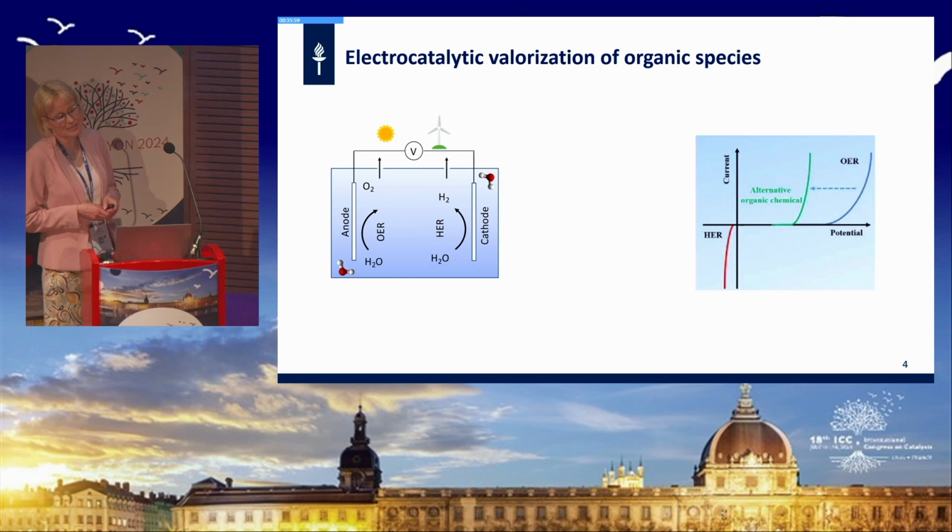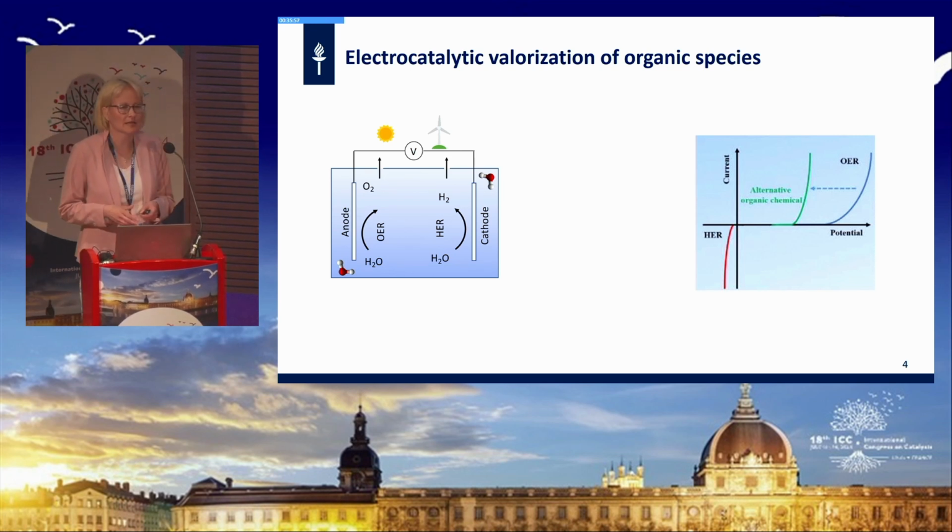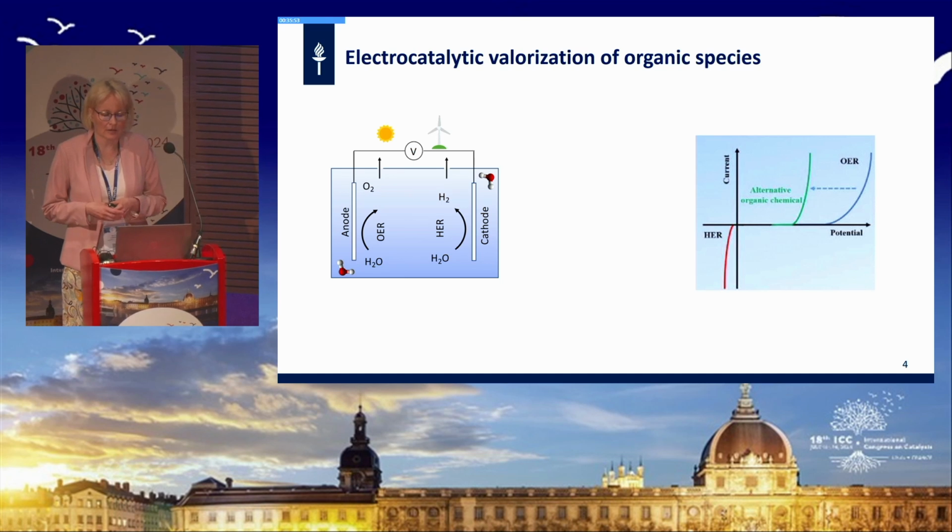And one option is that instead of the oxygen evolution reaction, we replace the oxidation reaction with another, biomass-derived organic oxidation reaction, which hopefully has a lower thermodynamic potential compared to what water splitting has.